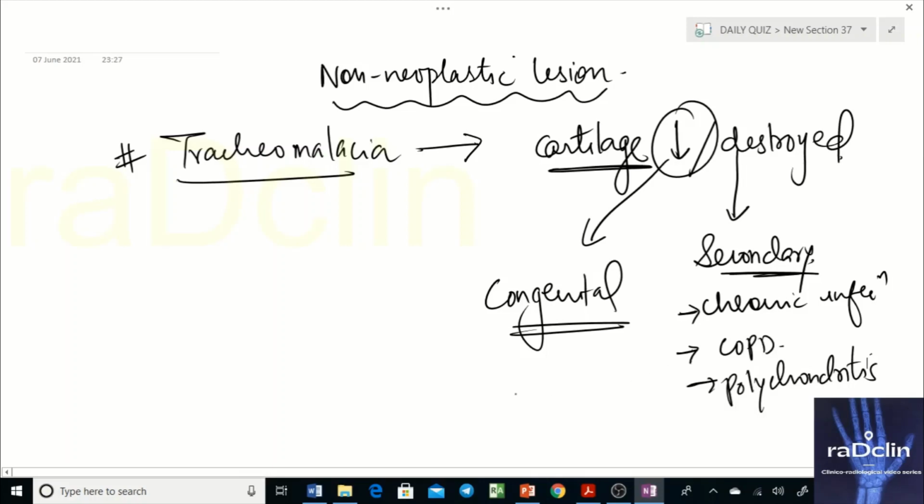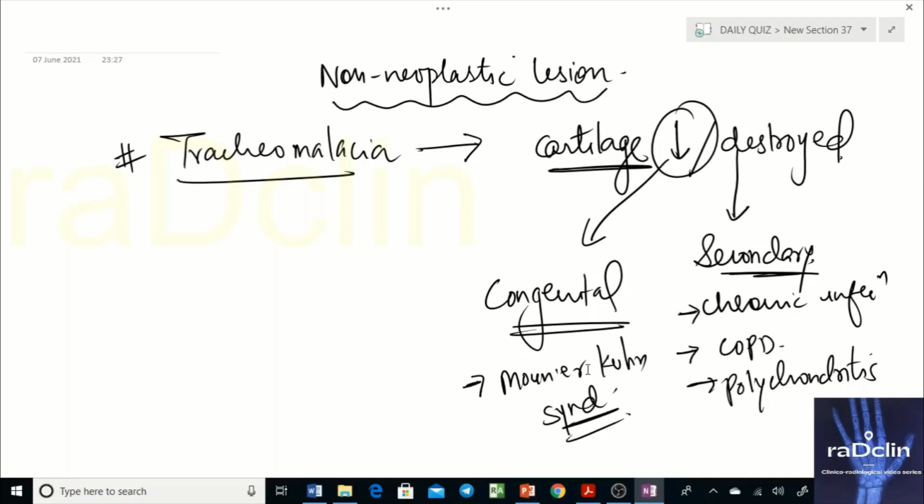Even Mounier-Cohn syndrome, which we discussed, secondarily causes cartilage destruction. And if any mass is directly invading into the trachea, for example from the esophagus or a thyroid mass, that can also lead to cartilage destruction.